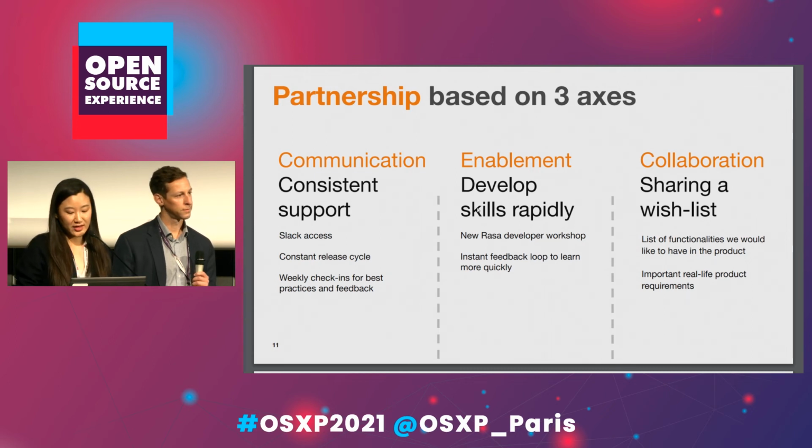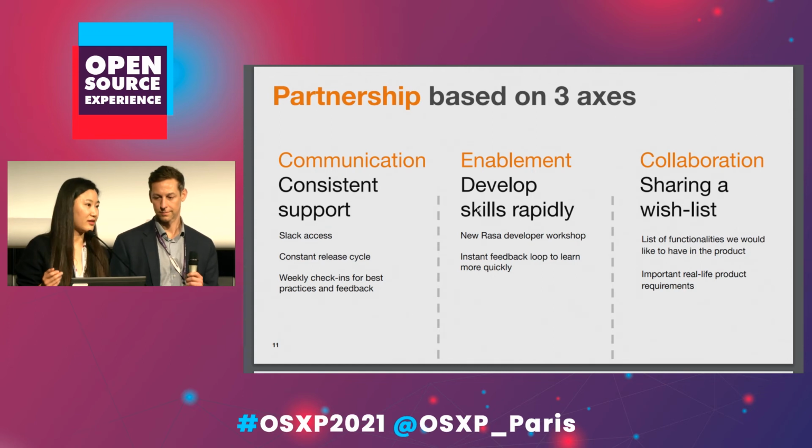The second way is to make sure they have instant feedback when they have questions, and direct access to Rasa engineers to get the best response as soon as possible.